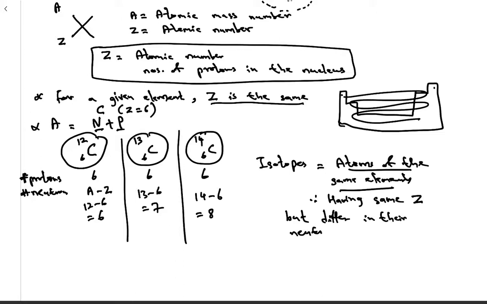They differ in how many neutrons there are. Okay, so those are isotopes.